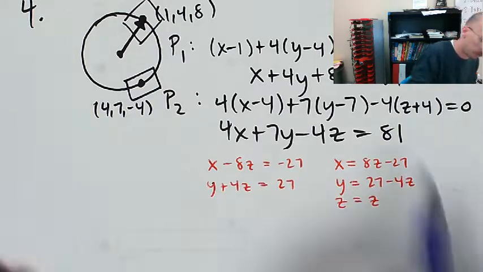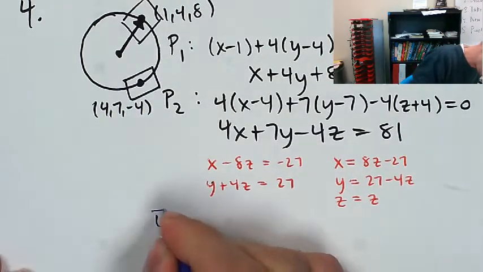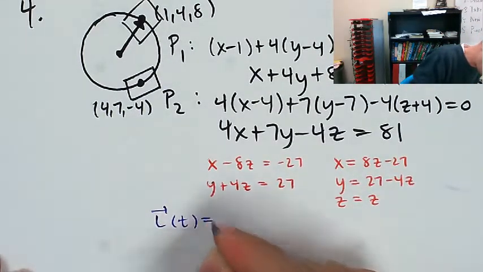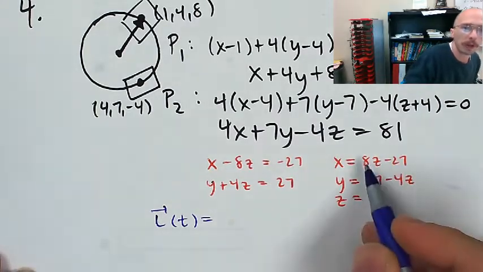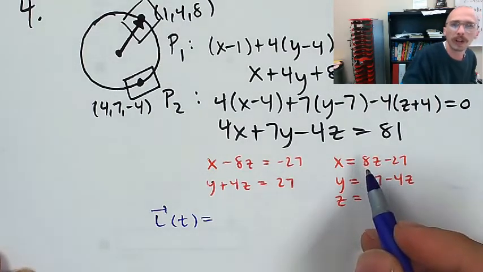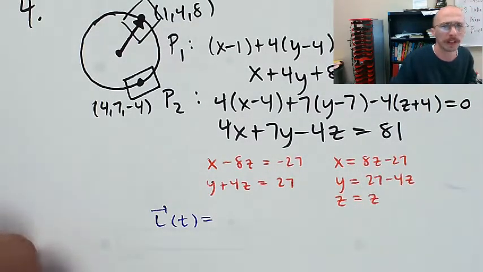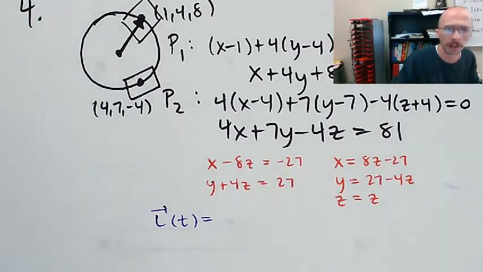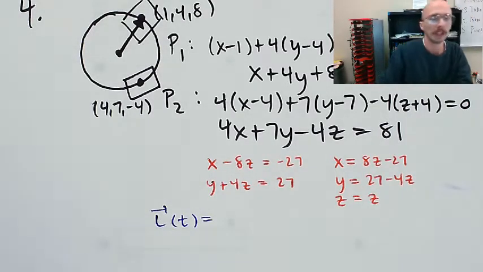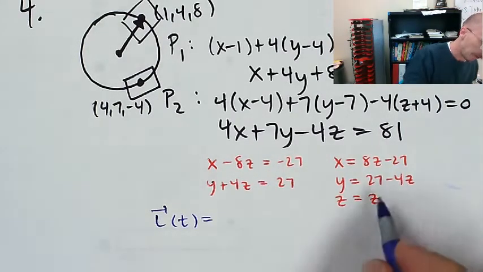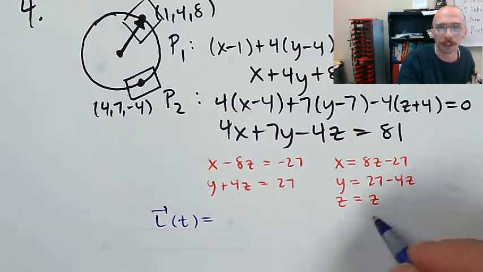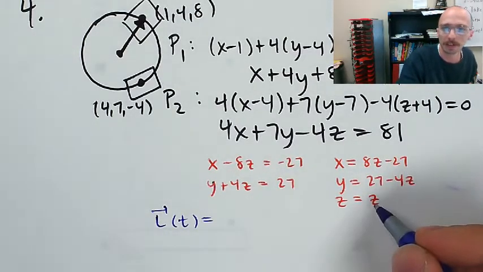Okay, so once I've solved the system, I'm going to say that the line of intersection is L of t equals, okay, well, we're going to need a point that they share. Hold on, let me think about how I'm going to find that quickly. I wasn't thinking. It'll be true for any value of z, which is going to become my t coordinate. So just say what happens at t equals 0.